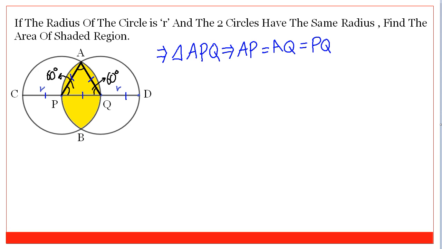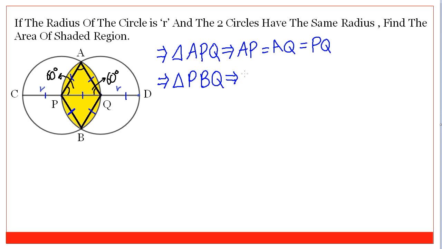Same logic if I apply to the bottom also, and if I connect this side also, and again I'm marking some signs, we get triangle PBQ is also an equilateral triangle.